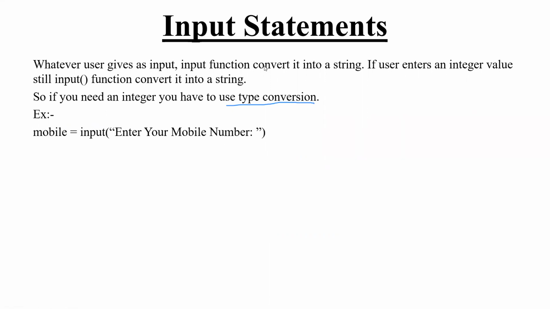From here, we can see this. Whatever number I provide here will be converted to a string, and it will be assigned to this particular variable, which is called mobile here.